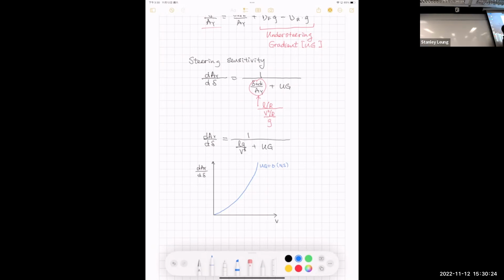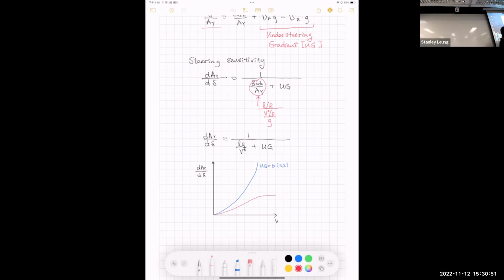As velocity gets bigger and bigger, this term gets smaller, and UG becomes dominant. Then you should have a curve something like this.